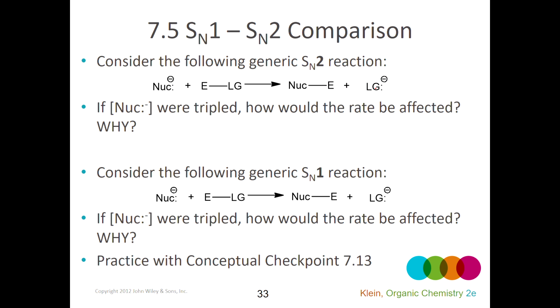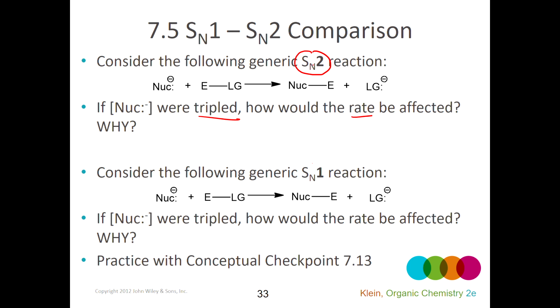Alright, so we've talked about both mechanisms. Let's just do a little comparison here before we end. Answer a couple questions, make sure we've got this down. So let's say I've told you that the mechanism is an SN2. If it's an SN2 and I were to triple the molarity of the nucleophile, what effect would that have on the rate?